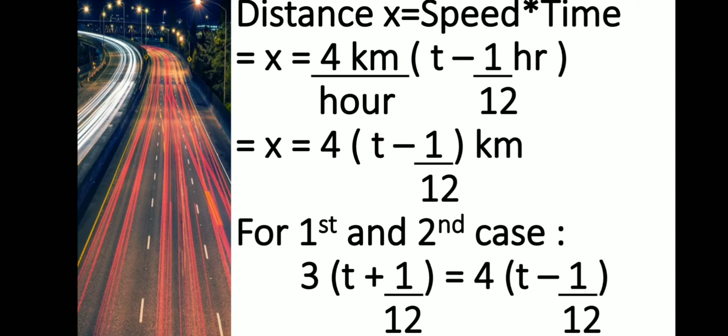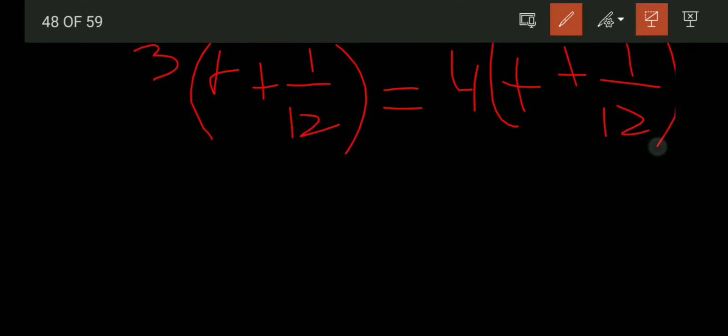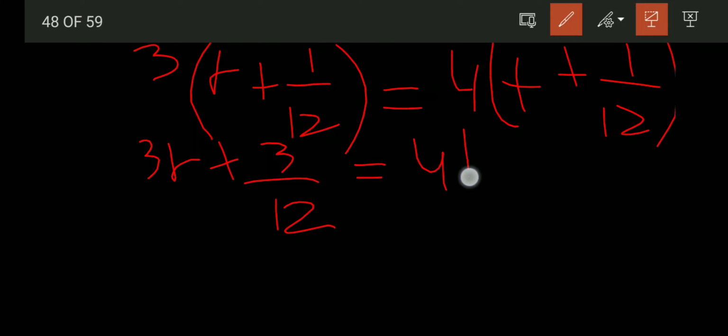Now we'll equate the first case equation and the second case equation. That is 3t plus 3 by 12 equals 4t minus 4 by 12.